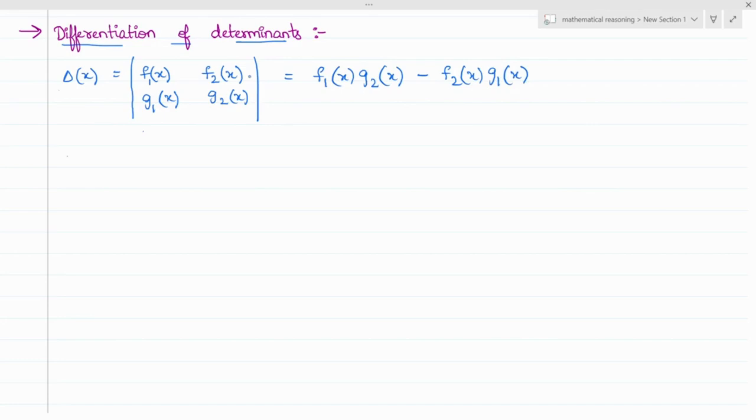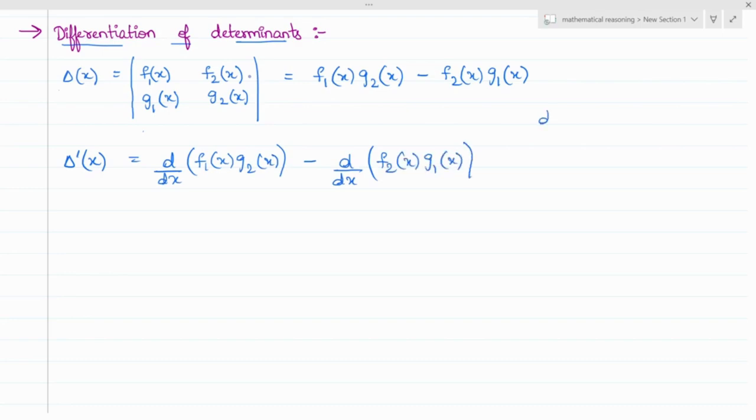Now, if we want to differentiate, that is delta dash x is equal to, we'll differentiate both terms, right? So it's nothing but d/dx of f1(x) g2(x) minus d/dx of f2(x) g1(x).